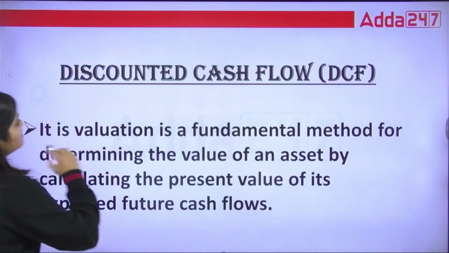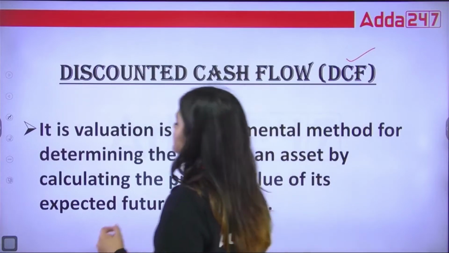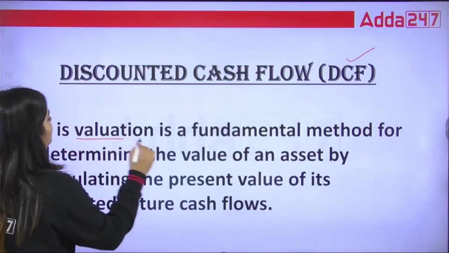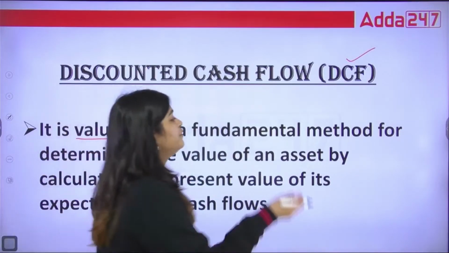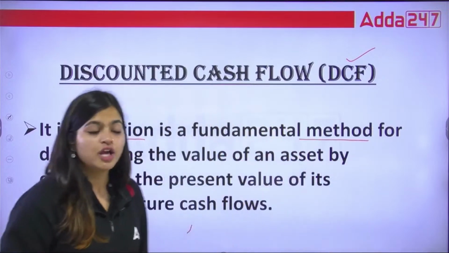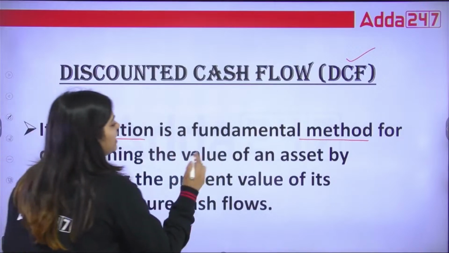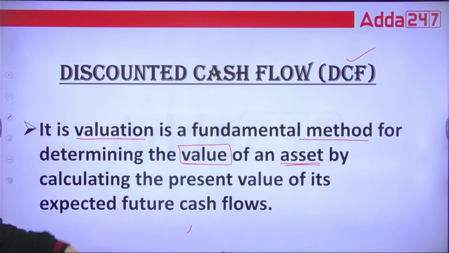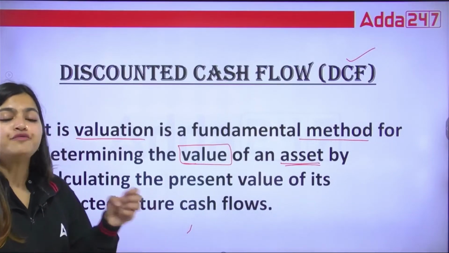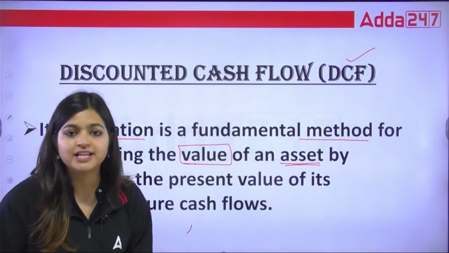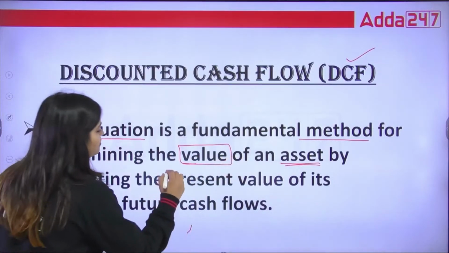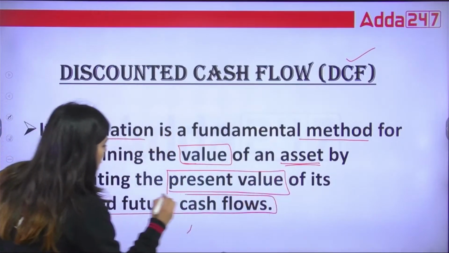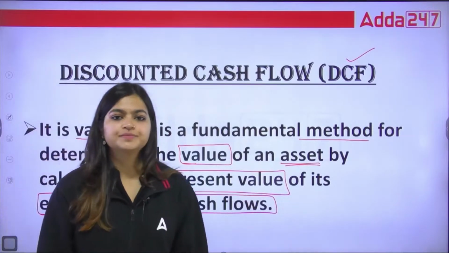We call it DCF. Okay? We call discounted cash flow as DCF. Now what is DCF? It is a type of valuation method in which we are finding out the value of any asset by the present value of expected future cash flows.